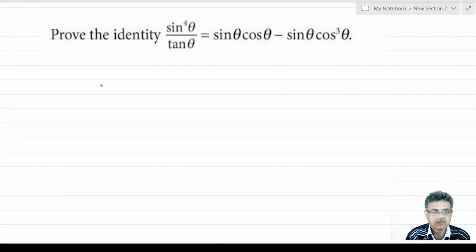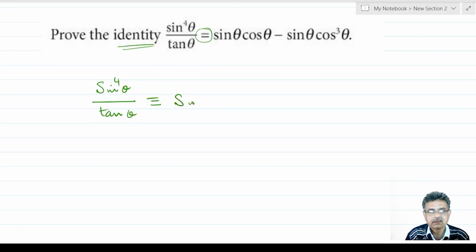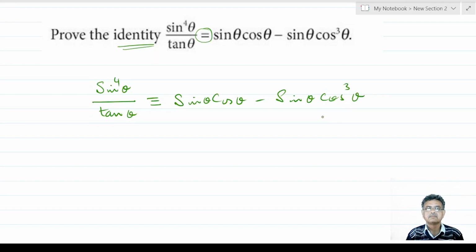Sine raised to the power 4 over tangent theta is identical to, when you have to prove an identity, there will be 3 lines here, sine theta cos theta minus sine theta cos cube theta.